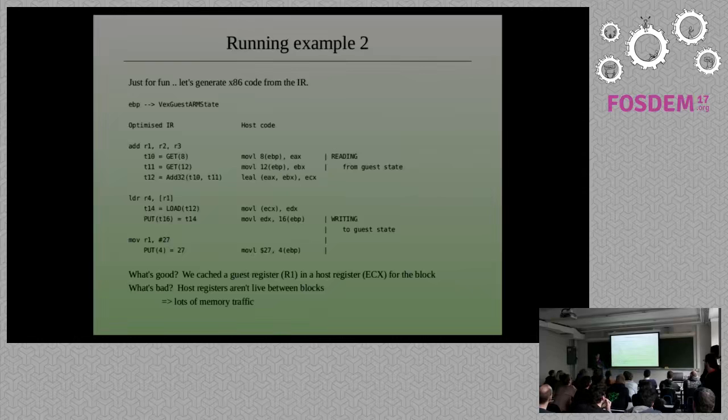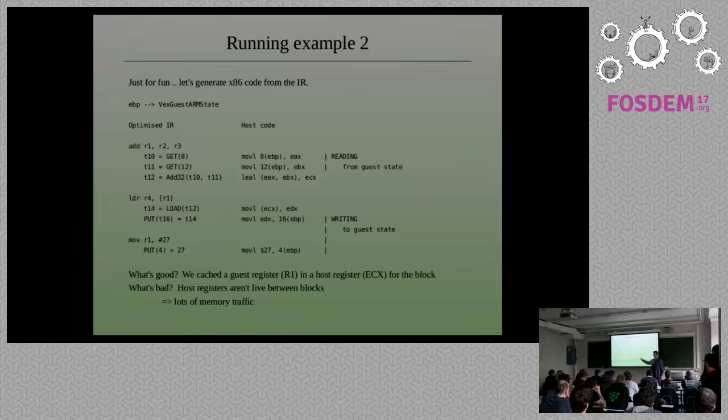But there is a downside to this as well, which becomes more obvious as the blocks get longer. Here we're reading values out of the guest state into the host registers. And at the other end of the block, we're putting values from the host registers back into the guest state, back into memory, back into our structure. The effect of this is that there are no registers live across the end of the block boundary.